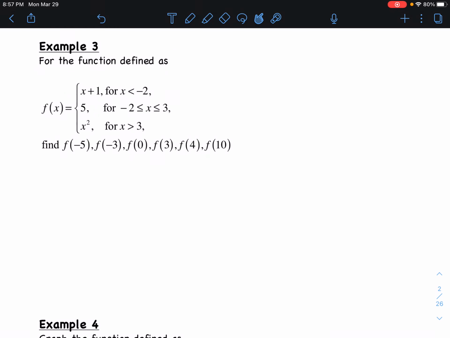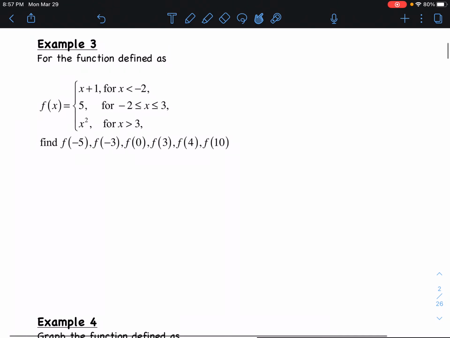So you got 3 parts, 3 different pieces of this function. This entire thing we call the function f of x. It has 3 pieces: 1, 2, 3. So what it's going to have you do is find this, this, and this.